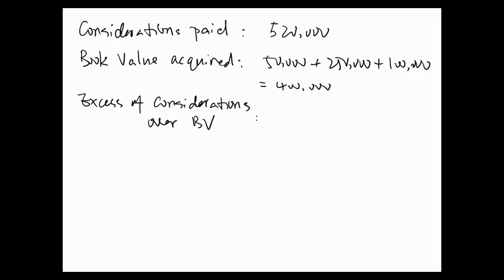And then next we can calculate the excess of consideration over book value. The excess amount equals the difference between 520,000 and 400,000, which equals 120,000. The next step is to allocate this excess amount to those accounts with a different fair value than book value. However, in this question, all of Apple's accounts are estimated to have a fair value equal to book value.